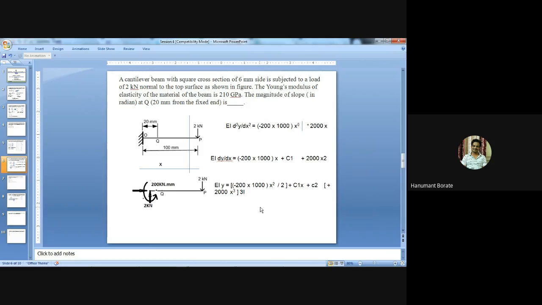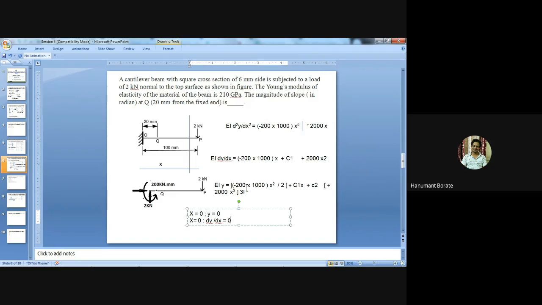So the first boundary condition for the cantilever beam: x equal to 0, y equal to 0. And the second boundary condition: x equal to 0, dy by dx equal to 0. Let us put these conditions in equation number 3.